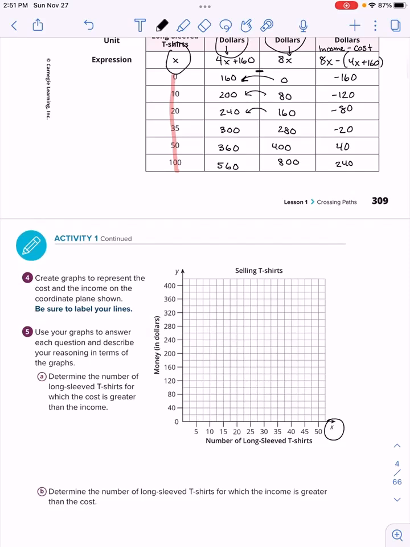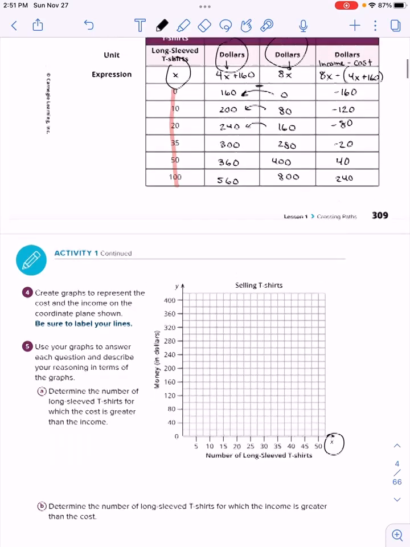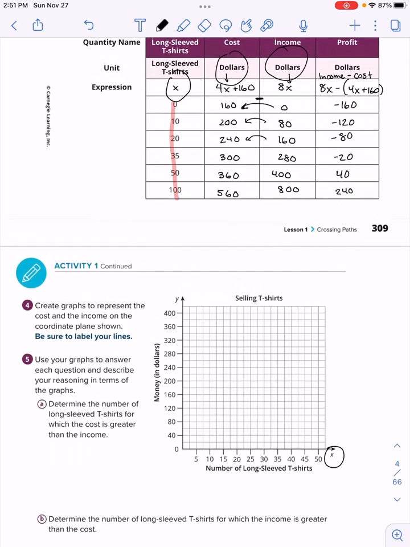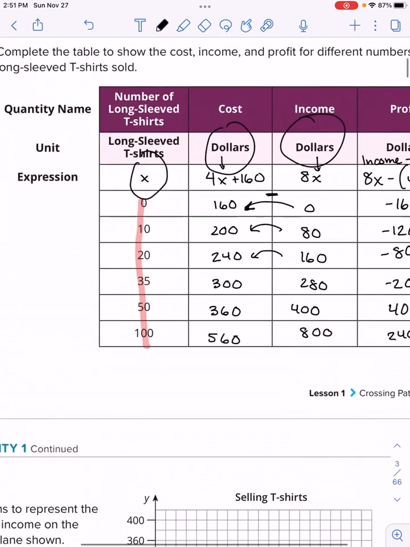Create graphs to represent the cost and the income on the coordinate plane shown. Be sure to label your lines. We're going to have two different lines here. One line is going to represent cost and one line is income. Number 5 says use the graphs to answer each question. Describe your reasoning in terms of the graph. Okay, so we'll get to that soon, but let's go and graph the first one here.